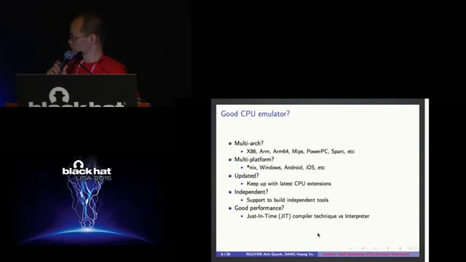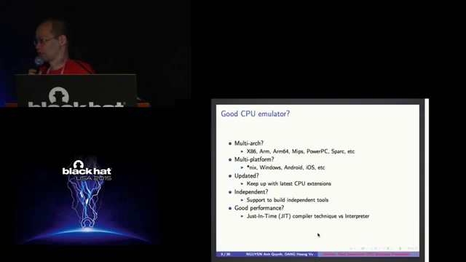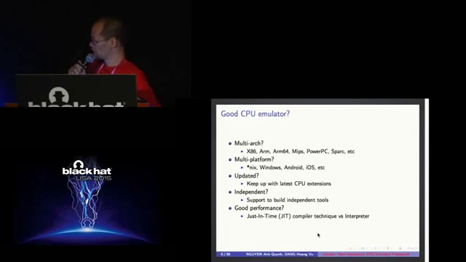The next one: a good emulator should be independent, which means you can use this CPU emulator to build your tools on top of that, so your tool just depends on this emulator. And finally, a good emulator should have good performance.